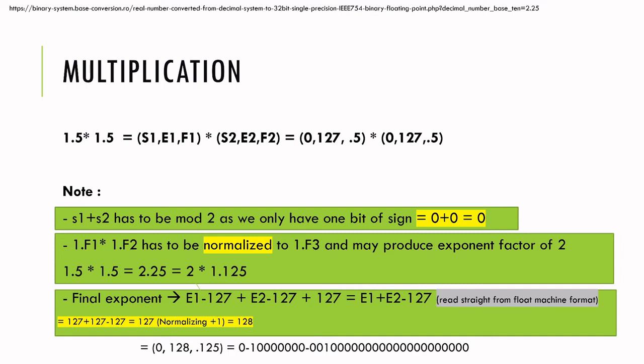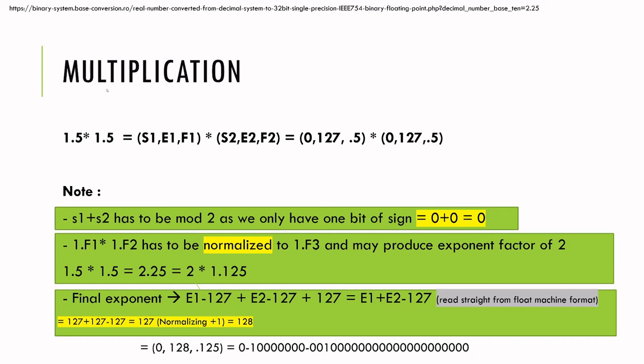I guess all this while you've not been able to see the lower half that I've been describing. But what I've been saying is that the net result is that at the end of it, you would get 0 for the sign, 128 for the exponent, and 0.125 for the significand portion.